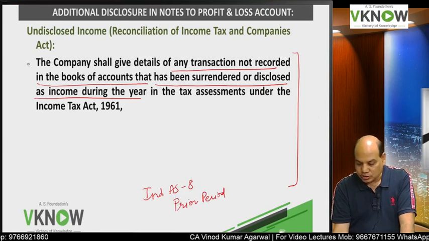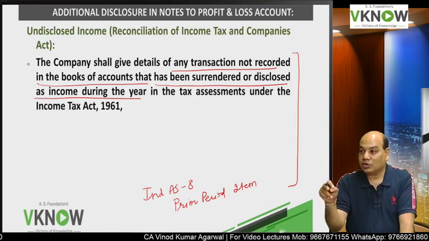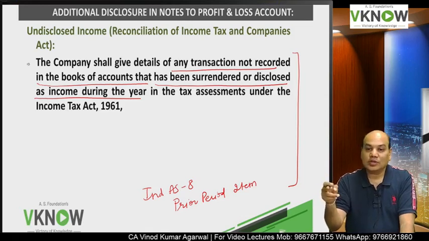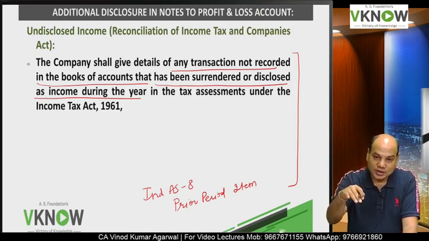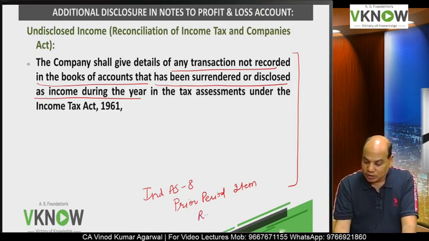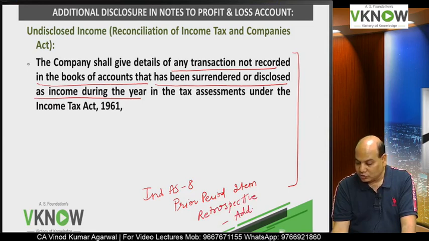After some days we will discuss it, because if you have not disclosed any income and now you are disclosing it, it means it is not this year's mistake, it is a mistake of the previous year or years, and therefore it will require retrospective application, and one additional balance sheet will have to be prepared.